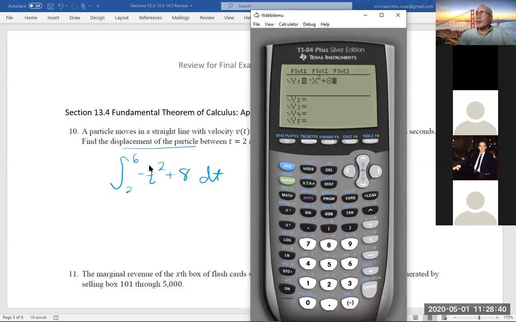We're going to go from 2 to 6, so we just go to the graph. Two to 6, okay. Number 7. Lower limit is 2. Upper limit is 6.